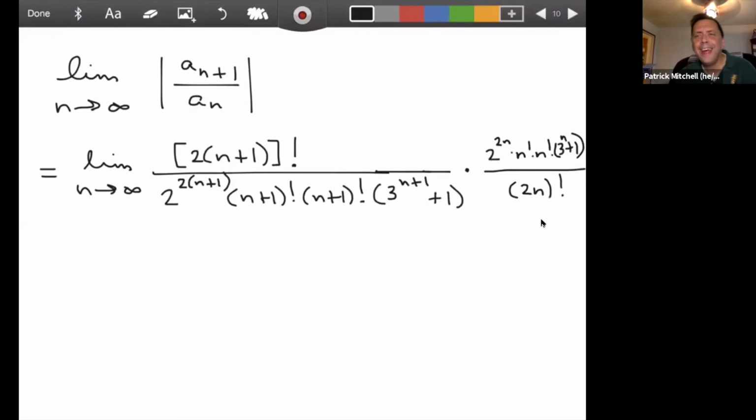Okay. All right, so the good news is we're going to be able to get rid of a lot of this stuff. Let's see. Well, n factorial over n plus 1 factorial, we did something like that before. You can cancel those and just leave an n plus 1. And the same thing here.